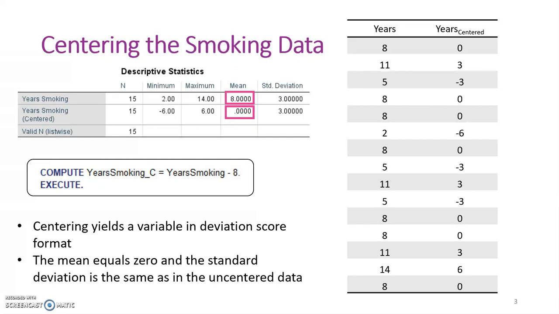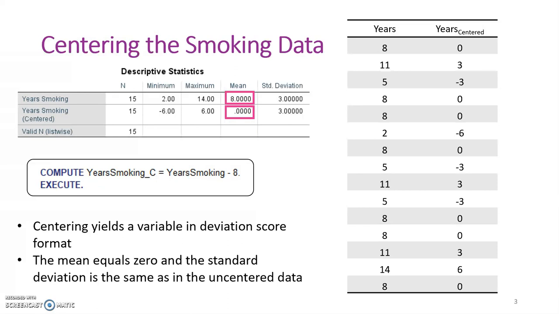For example, in the first row of the data, that participant had been smoking for 8 years, and 8 is actually the mean of years smoking. So we subtract the mean of 8 from the score of 8, and now their score on the centered variable years smoking is 0. Their score is now at the mean. So a score of 0 means at the mean.